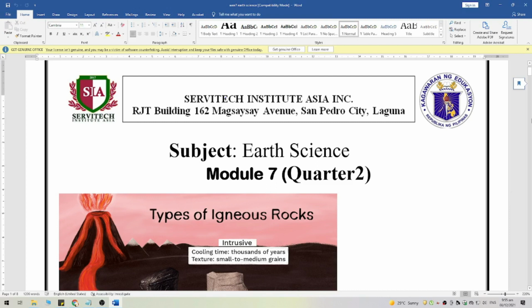Backtracking on our previous lessons, we learned what factors contribute to how a molten inert material evolves or becomes a specific rock.